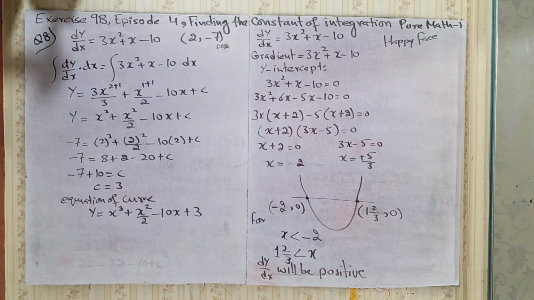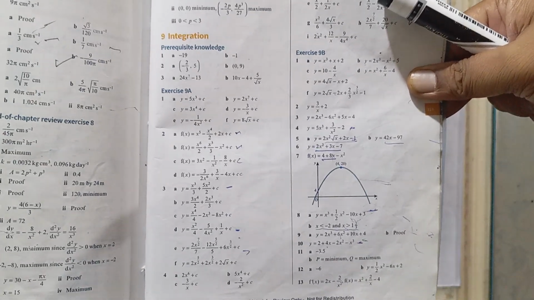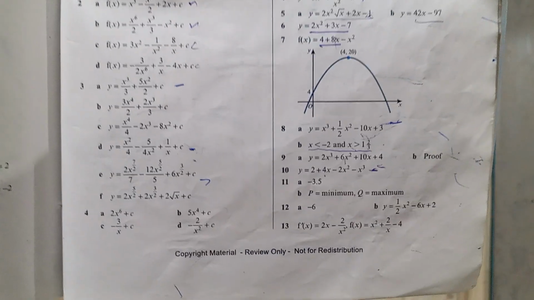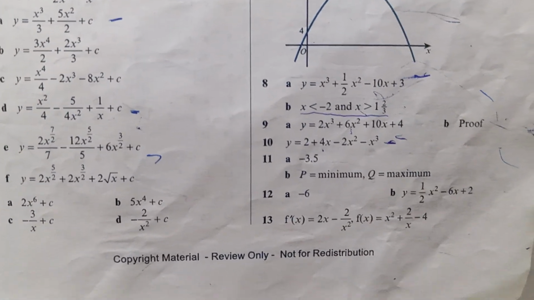This is the question they ask us, and I hope that you understand this. Okay, so let me show you the answer. This is Exercise 9B, and I said question number 10, sorry, this is question number 8.